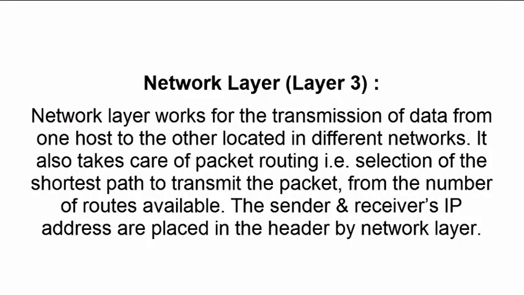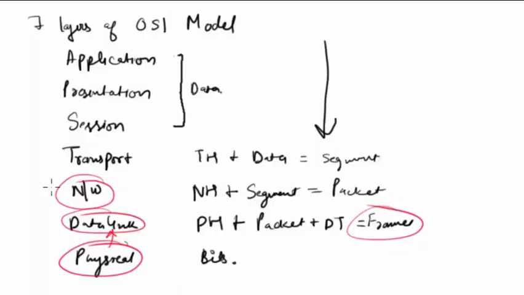The network layer, layer 3. The network layer works for the transmission of data from one host to another located in different networks. It also takes care of packet routing, that is, selection of the shortest path to transmit the packet from the number of routers available. The sender and receiver's IP addresses are placed in the header by the network layer.